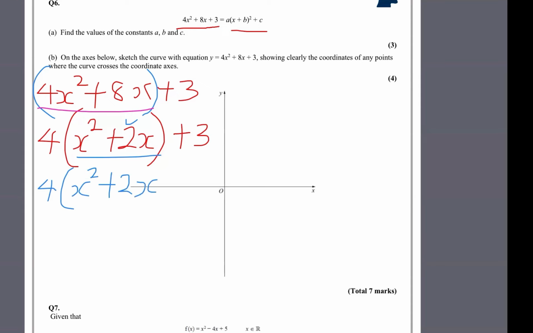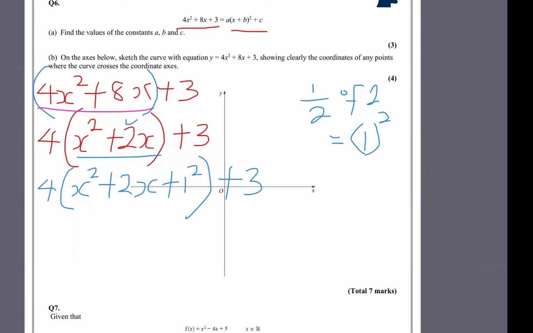Half of 2, which is the coefficient of x, is 1. And the step is for us to square it. So to complete a square, you take half the coefficient of x. Then whatever you arrive at, you square it. So I would have plus 1 squared. Right, I'll close my brackets. And we still have the plus 3.